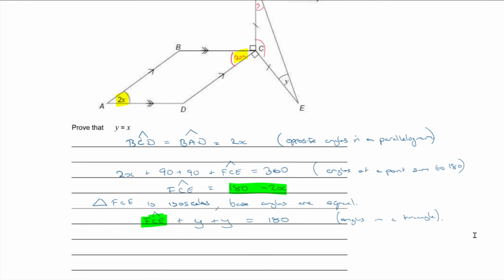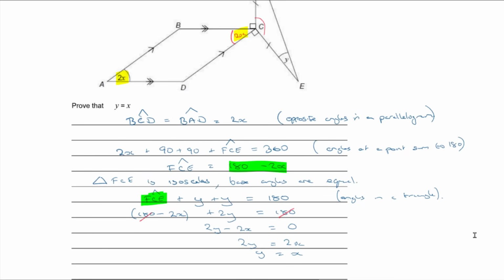So replacing that in there, I get 180 minus 2x plus y plus y, that's plus 2y, is equal to 180. Then that 180 and that 180 cancel, so I've basically got 2y minus 2x is equal to 0. Taking the x to the other side, I've got 2y is equal to 2x, and then dividing through by 2, I'm going to have y is equal to x as required.